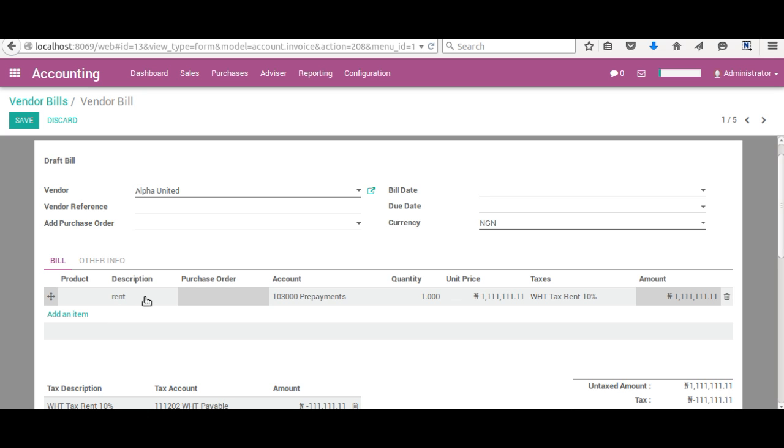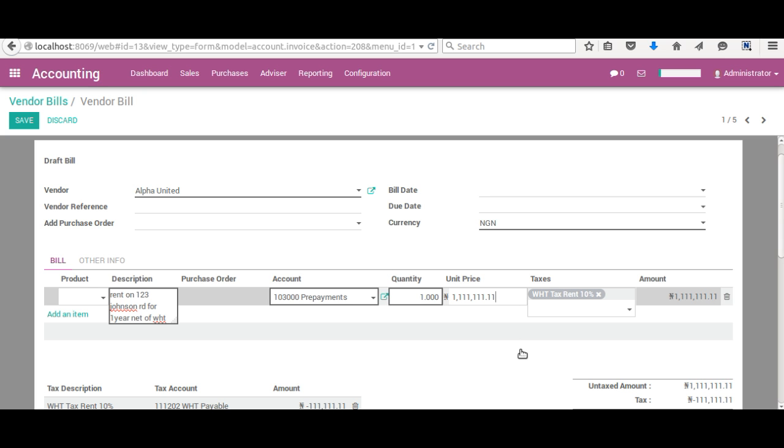You enter the rent, the description of the rent, rent on 123 Johnson Road for 1 year, net of withholding tax. Okay, and of course the account to debit, because we are going to credit the vendor's account, the account to debit will be the prepaid rent account or the prepayments account, which is in the balance sheet.